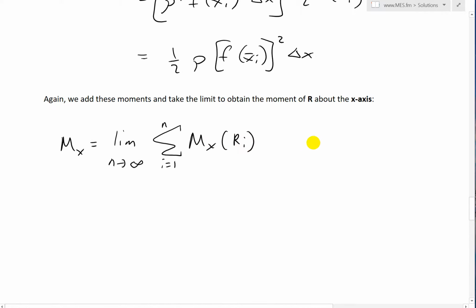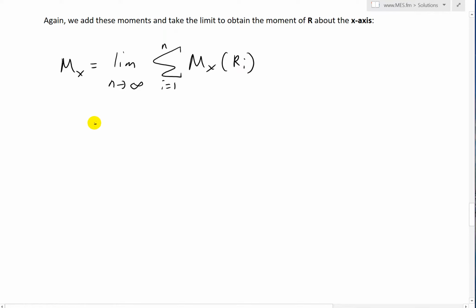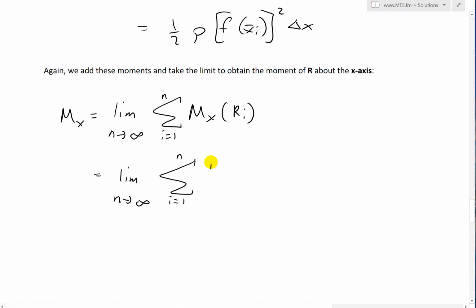So we sum up an infinite number of infinitely small regions, and let's just plug in this formula.